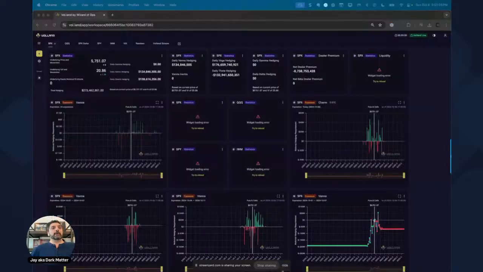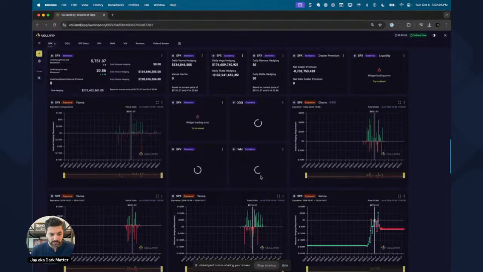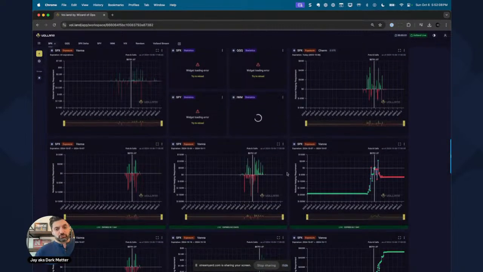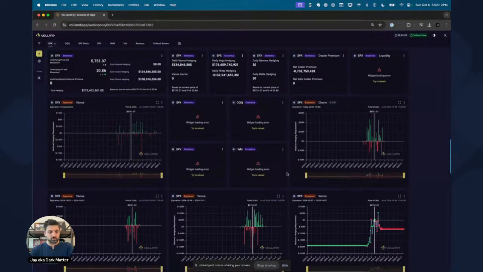For those of you who are not familiar with the Volin platform, let's just jump right in here. Unlike option flows from customers and things of that nature, Volin provides us more with dealer positioning. From a dealer positioning standpoint, we really want to see what moves the markets, right?